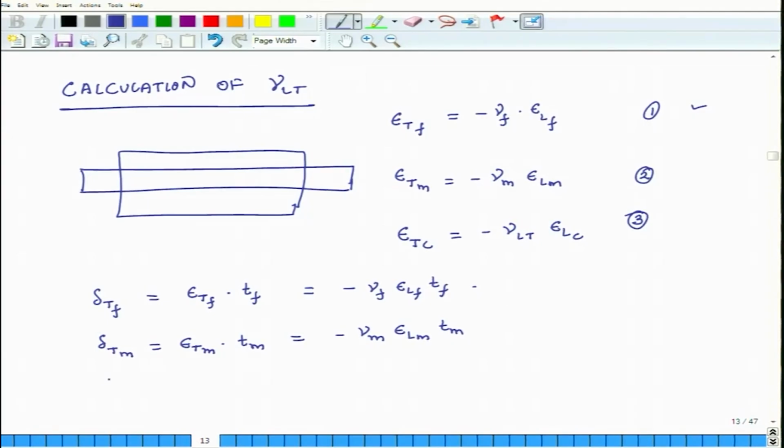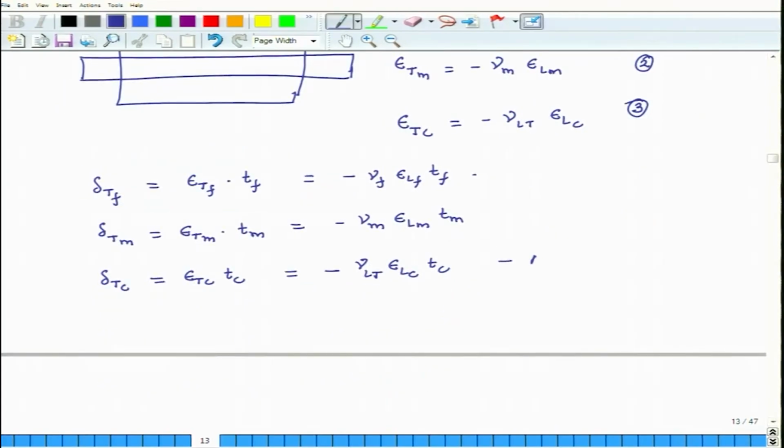And finally, I can also write delta Tc for the composite is equal to epsilon Tc times thickness of composite, and this is equal to minus Poisson's ratio of the composite, which we have designated as nu Lt, times epsilon Lc times thickness of the composite.